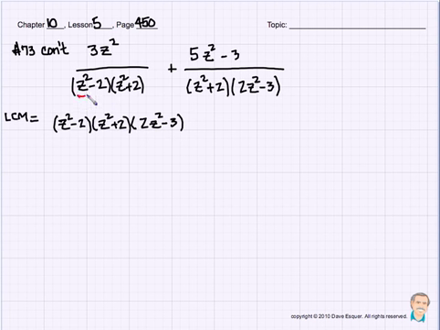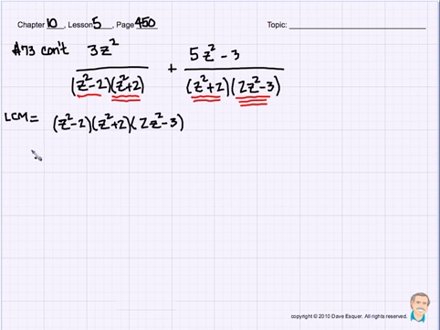Remember, we're using all 3 terms. We're using this term that's in common, this term that's in common, it shows up there, and then we're going to use this term as well. So we ended up with all 3 terms as our least common multiple.